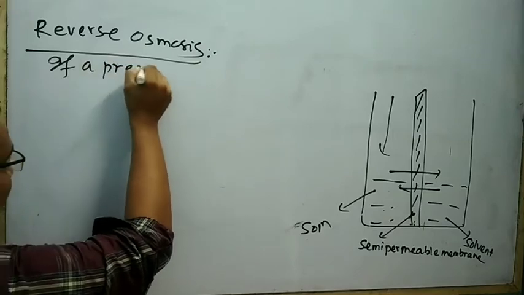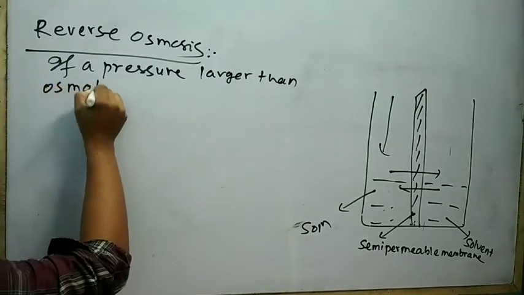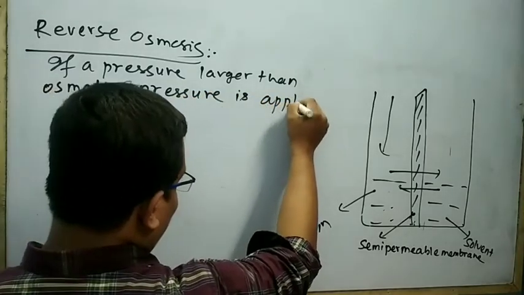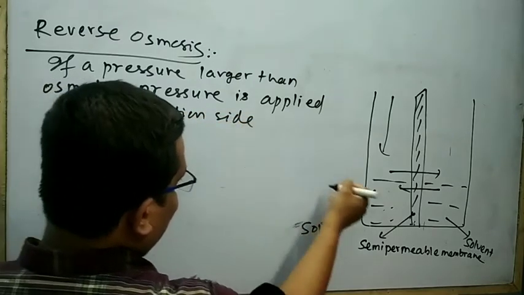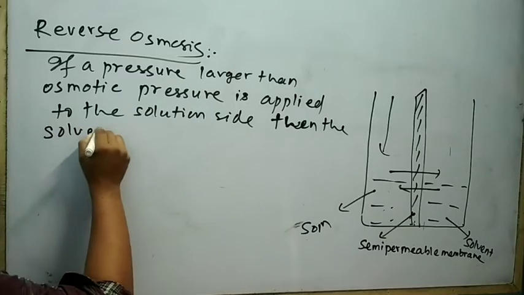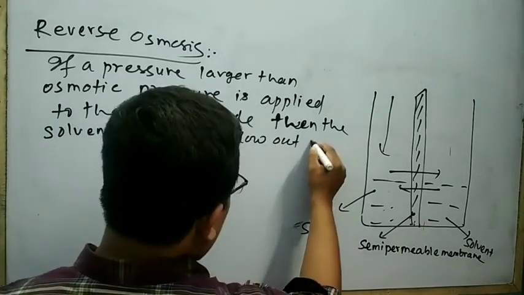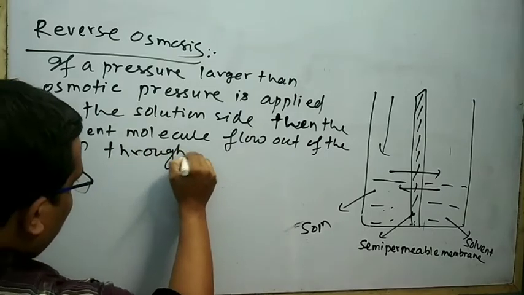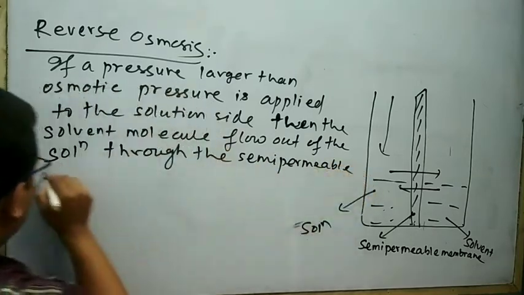If a pressure larger than the osmotic pressure is applied to the solution side, that means this side, then the solvent molecules flow out of the solution through the semi-permeable membrane.